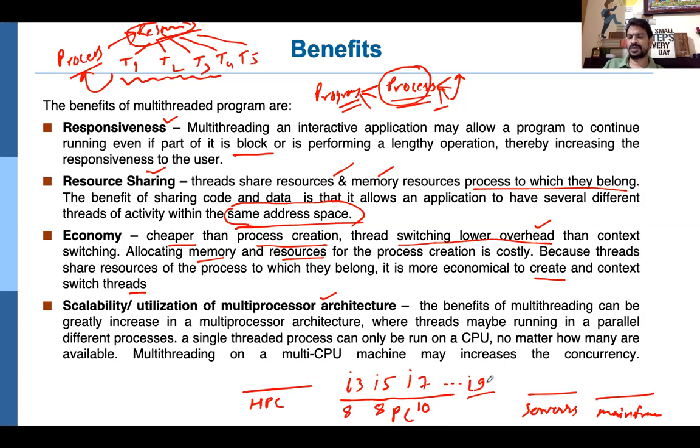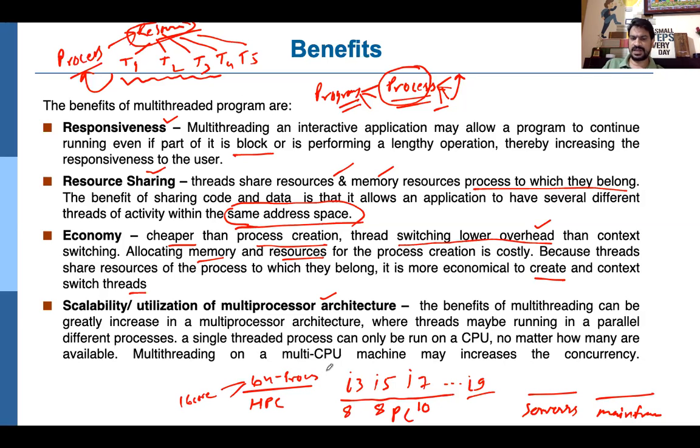If we have one processor and multiple cores, it means that it is a multi-processor architecture. When we talk about high performance computing, we have, let's say, 64 processors, and each processor will have, let's say, 16 cores, right?